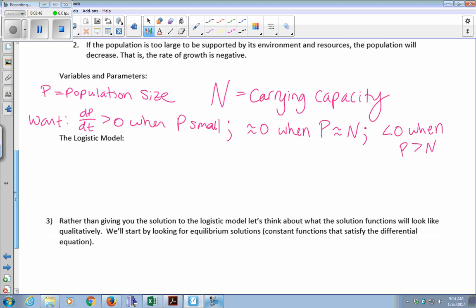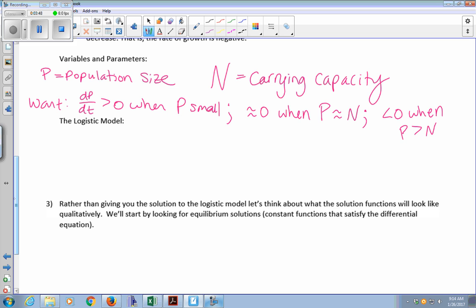I already know I can capture the first one: dP/dt is positive when P is small. So I've got dP/dt equals kP. That was the Malthusian model, and it captures exactly what we want for assumption 1, that it will grow proportionally to its size. But that only works if P is small. So I'm going to add another factor and multiply by something.